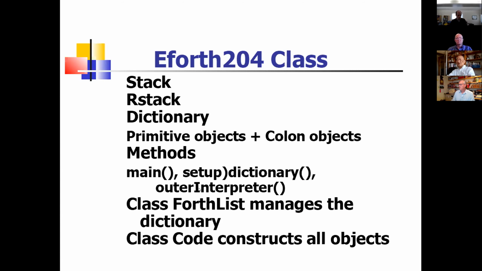And then the outer interpreter would go around and pick up a stream from the input device and interpret the character stream. And I have another class called Forth list, which manages the dictionary. And another class, the class code, constructs all objects.